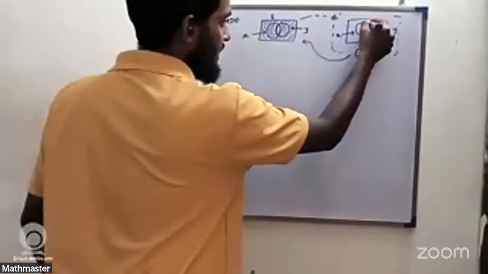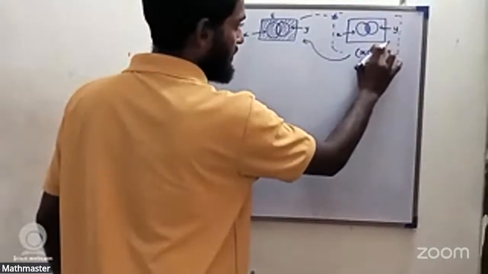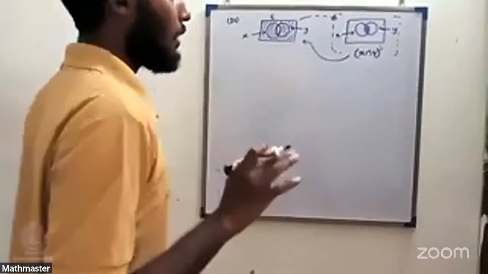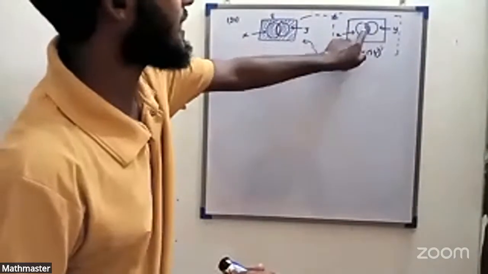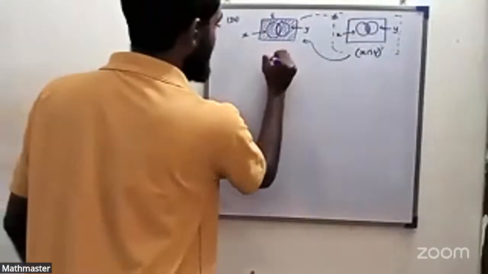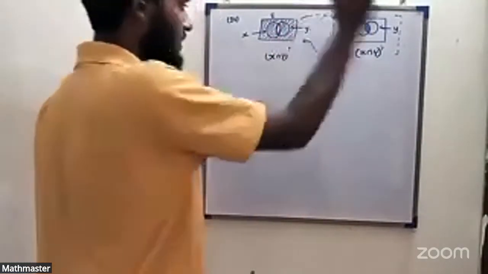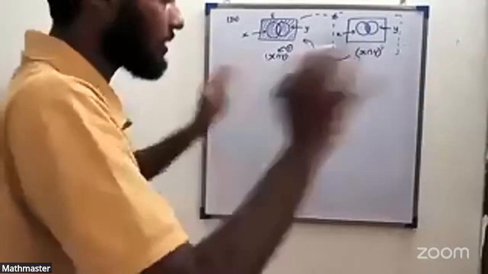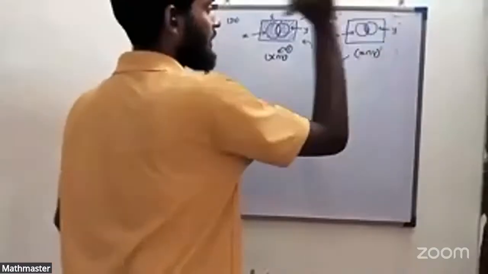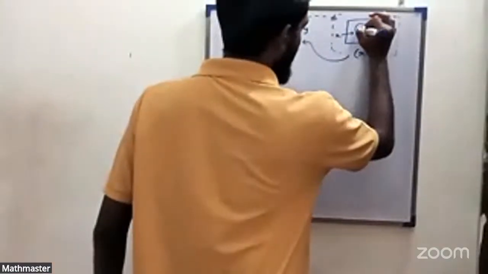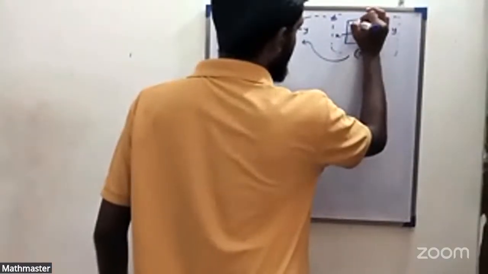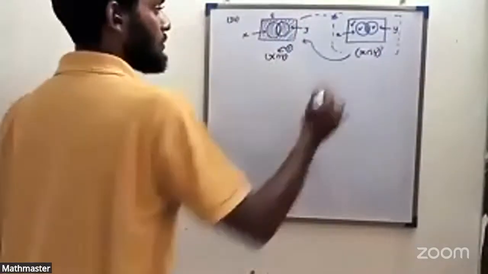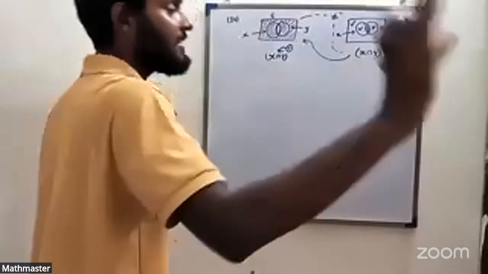Now this common region is X intersecting Y. The regions which are not in X intersecting Y are called X intersecting Y complement. Complement means it is not X intersecting Y. So these three regions are not X intersecting Y.